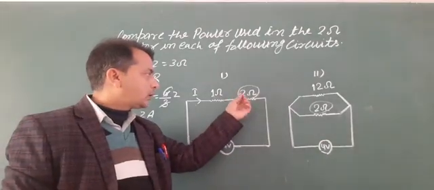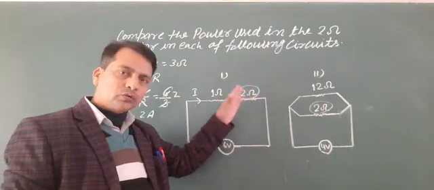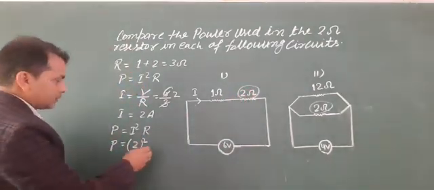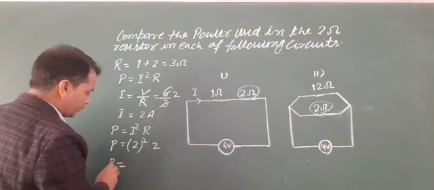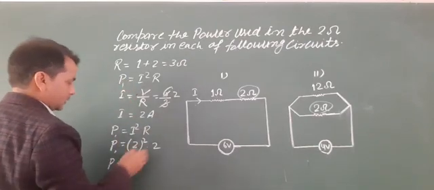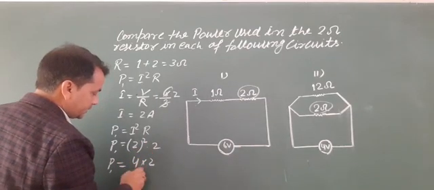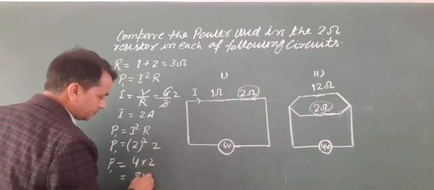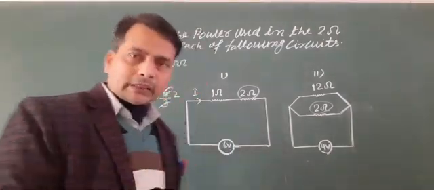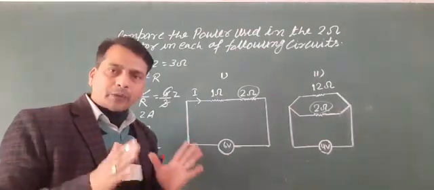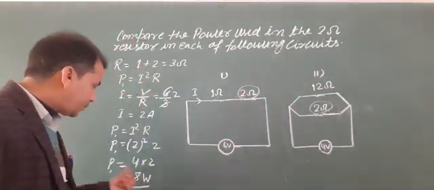So R equal to 2. Then P1 equal to 2 square, 4, into 2, that is 8 watt. So it is clear that in the first circuit diagram, the power on the 2 ohm resistor is 8 watt.